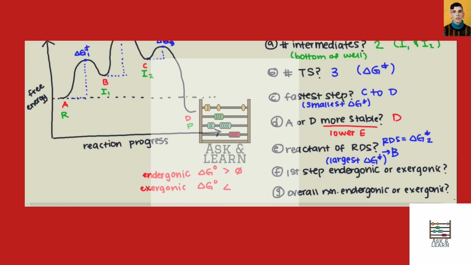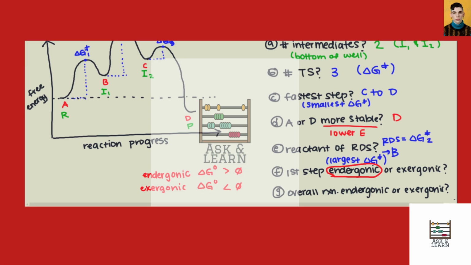And if it's exergonic, delta G is going to be less than 0. So if you look at your first step where you're going from A to B, this overall change in energy is positive. So B has a higher energy than A. So B minus A is going to be greater than 0. So you're going to be endergonic.